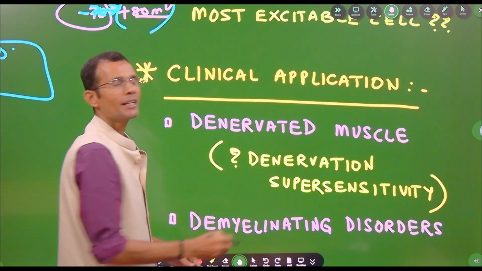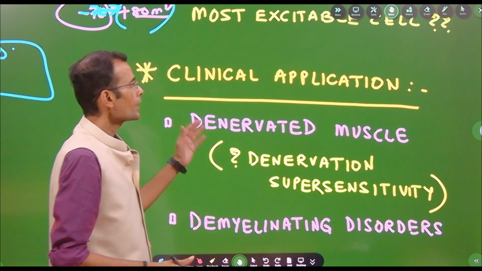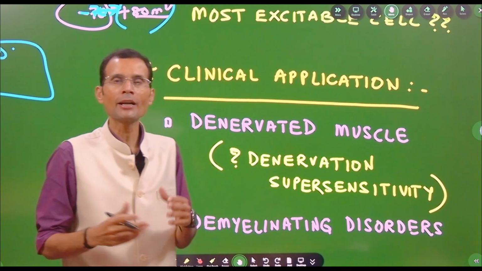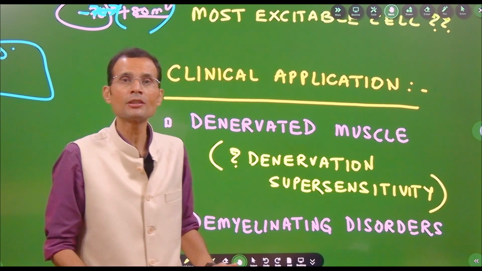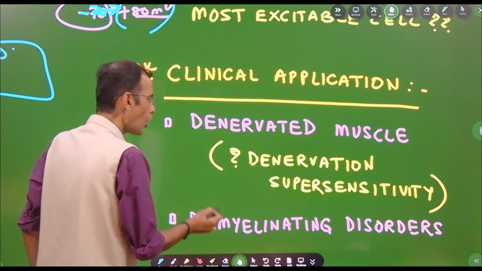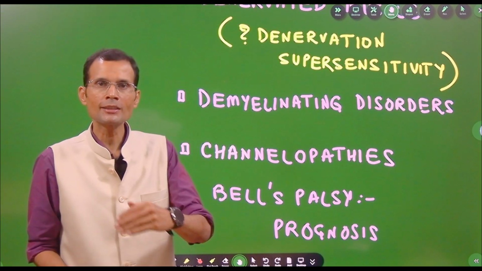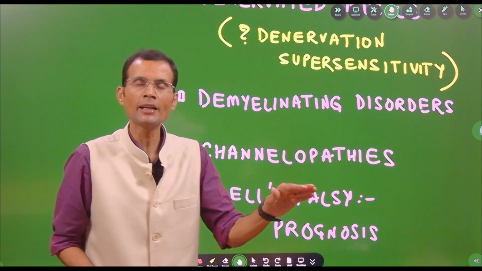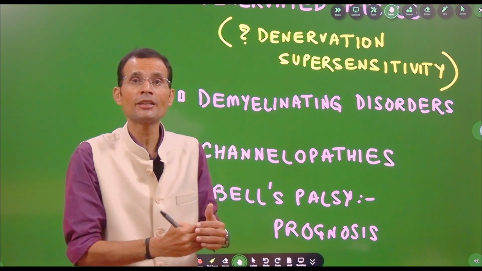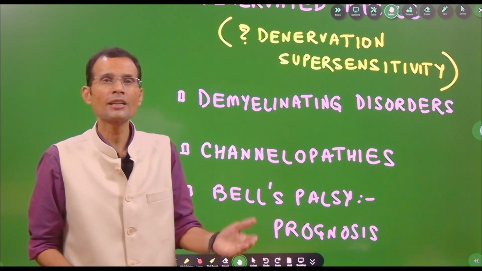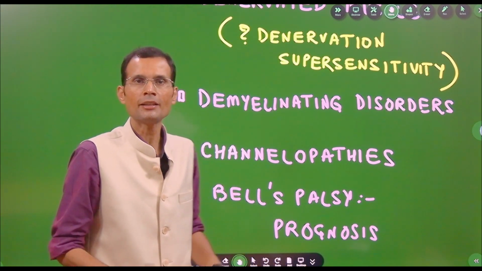And finally, clinical application of this entire discussion. I mentioned at the start, if the muscle is denervated, you would like to check its chronaxie, whether it is showing signs of denervation supersensitivity or demyelinating disorders. The nerve was previously myelinated, now it has lost its myelin, whether it's lost its excitability and how much it has lost excitability, resulting in features like numbness, etc. Nerve is unable to excite.